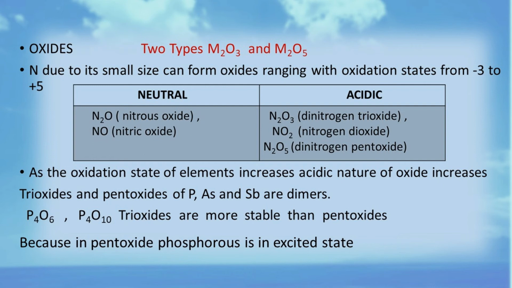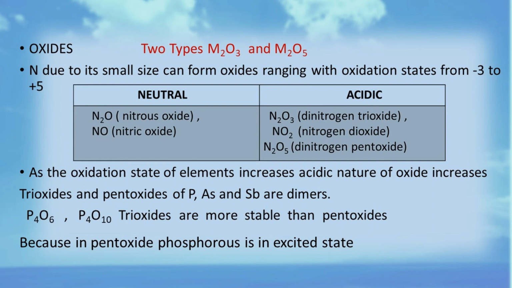I have enlisted the neutral as well as acidic oxides. The first among these is N2O, also known as nitrous oxide or laughing gas. Then you have nitric oxide, then dinitrogen trioxide, nitrogen dioxide, and dinitrogen pentoxide.